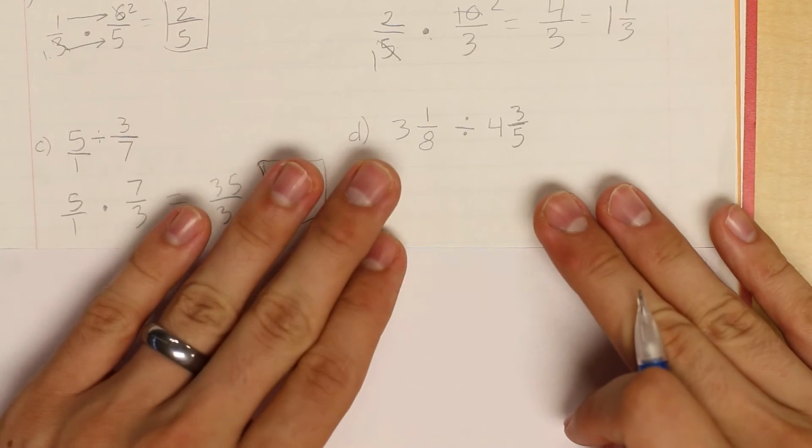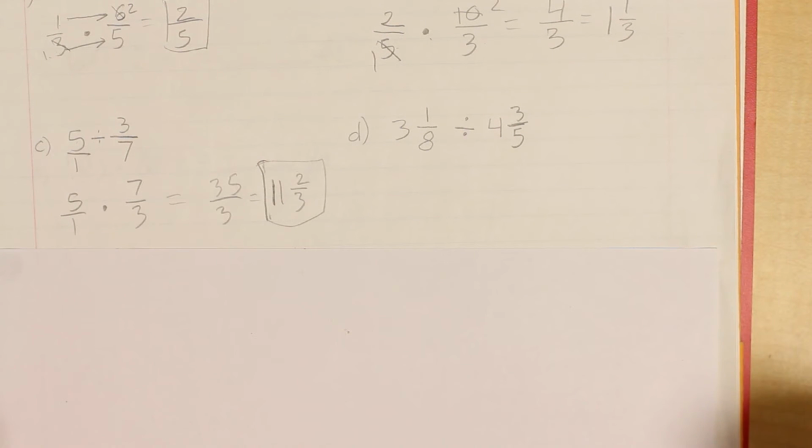All right, next I am given mixed numbers. Mixed numbers work exactly the same, except listen very carefully. You need to convert them to improper fractions before you change anything. Convert to improper first. It is key. It is life or death.